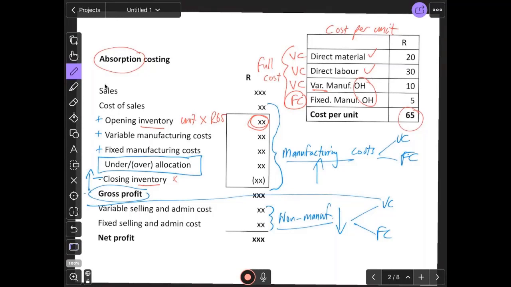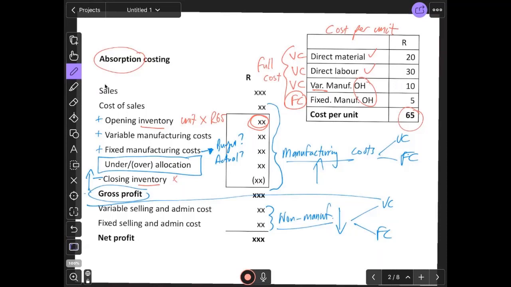Very important, what figure do we use for the fixed manufacturing overheads? The fixed manufacturing costs. Do we use the budgeted figure? Do we use the actual figure? So is this budget or actual? It's neither of the two.